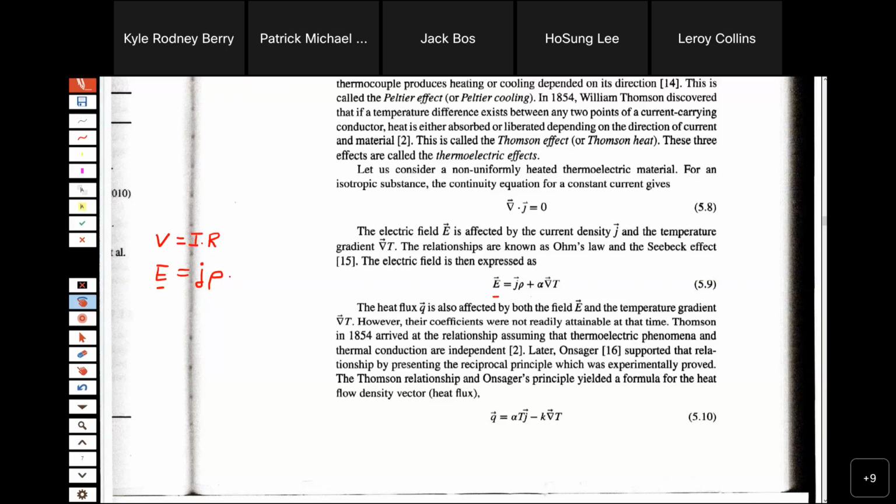But now the electric field also includes the temperature gradient times the Seebeck coefficient. If there is a temperature gradient, the Seebeck term is associated with the electric field.